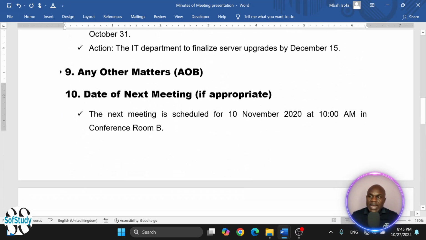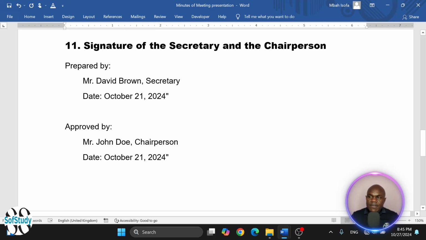It will look something like this. So we'll have prepared by David Brown, secretary, approved by John Doy, chairperson. It's prepared by the secretary and approved by the chairman. Not one person signing to the right and the other signing to the left. No. So it will be something like this.